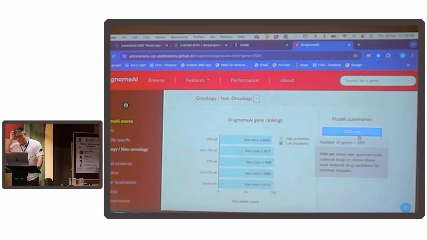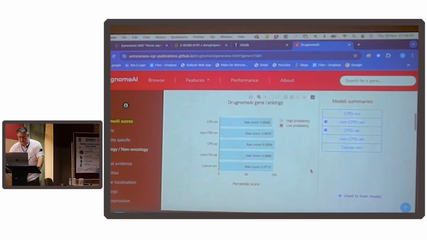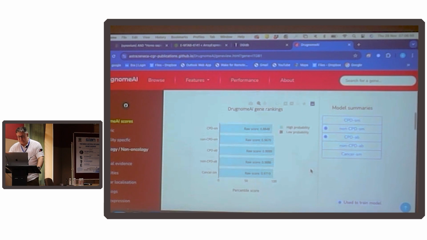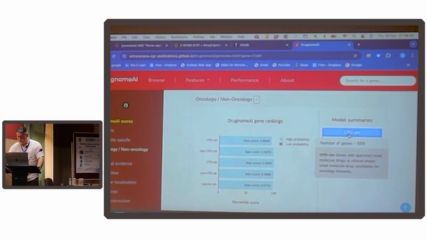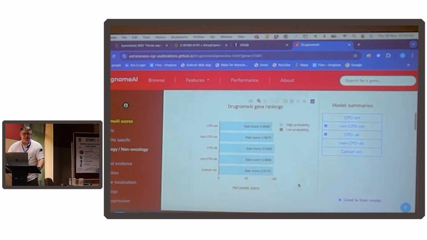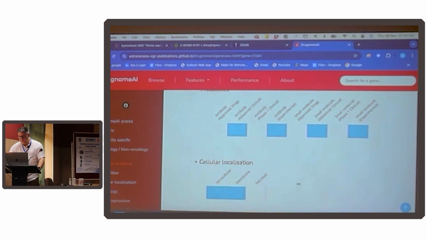We have various scores for small molecule antibody and small molecule in the cancer and non-cancer space. So CPD, clinical phase small molecule drug candidates in oncology. So we know we're targeting breast cancer, so that's a potentially interesting offering.